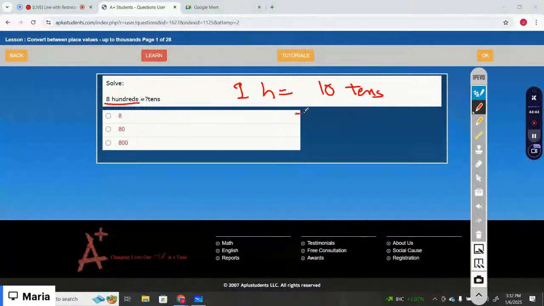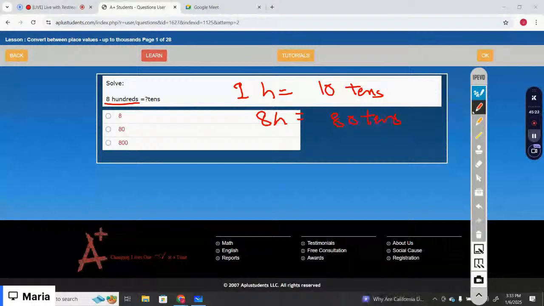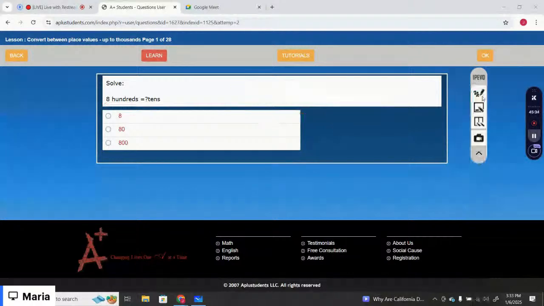So then 800 has 80 tens. 800 has 80 tens. Option number 2 is the correct option.